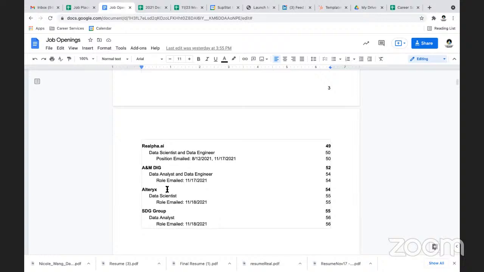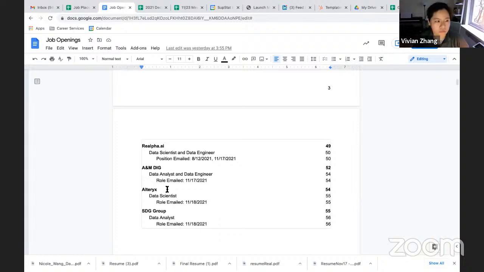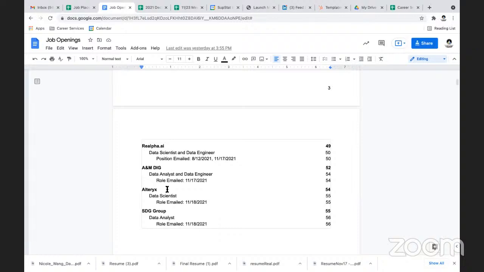Alteryx, I'm trying to remember that role. That's Tyrone's company that he's currently working at. Tyrone is a very easygoing guy, so you can feel free to email him. I'm going to include his email in the follow-up email that I'll send probably this afternoon.